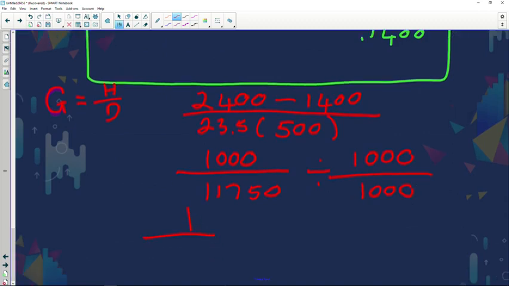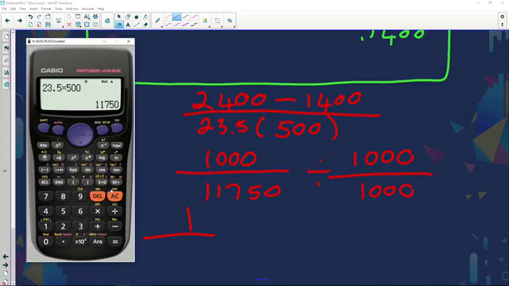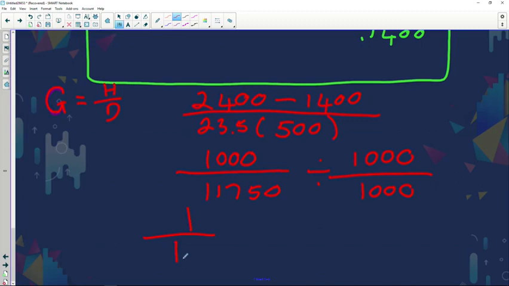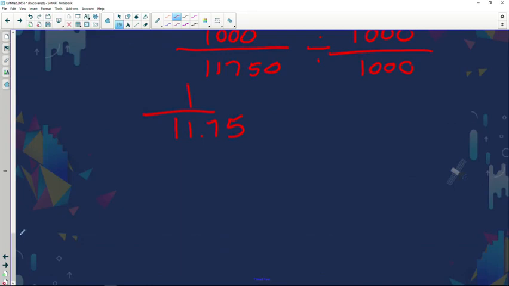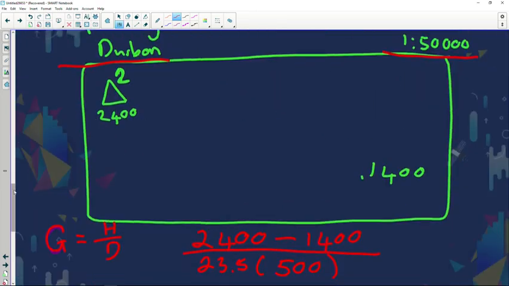And then lastly, you say 11,750 divided by 1,000 gives me 11.75. So basically, when we walk from this distance to that distance, from there to there, for every 11.75 meters we walk, the gradient increases by 1 meter.